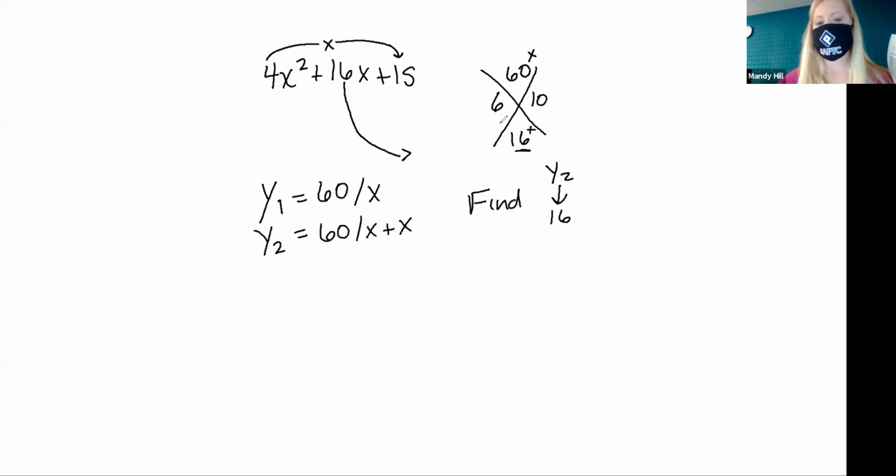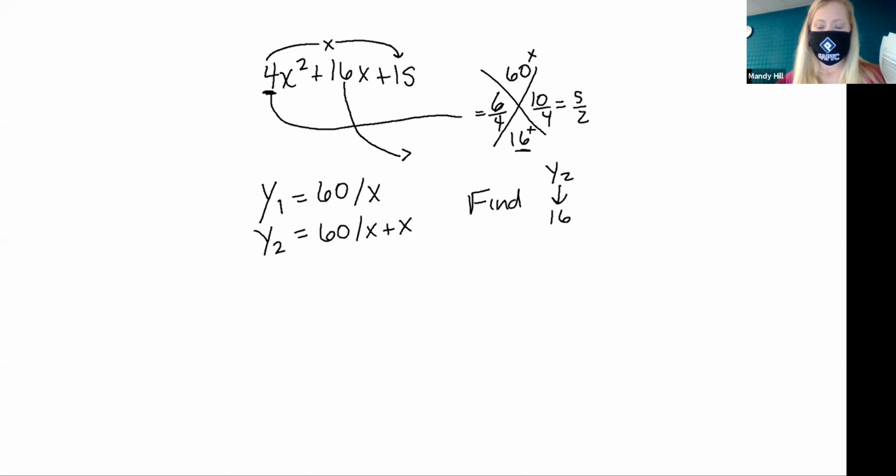Now, to finish this problem, remember that you've got to take whatever was in the front, which is our leading coefficient, and you have to divide both of these by that leading coefficient. You reduce the fraction, so you go, well, 10 over 4 is the same thing as 5 over 2, because we could divide the top by 2 and we could divide the bottom by 2.